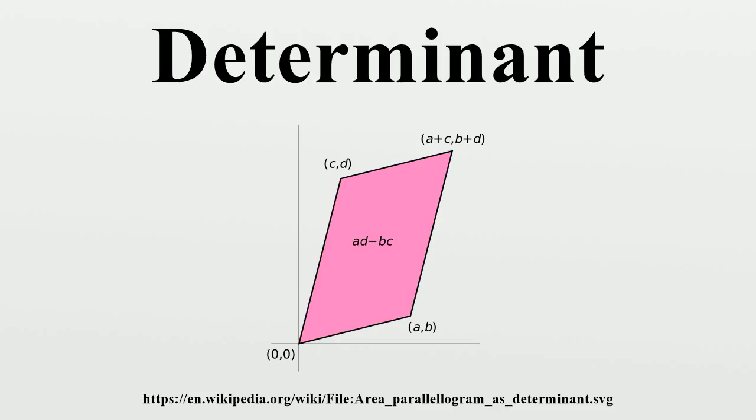Multiplicativity in matrix groups. The determinant of a matrix product of square matrices equals the product of their determinants. Thus, the determinant is a multiplicative map. This property is a consequence of the characterization given above of the determinant as the unique n-linear alternating function of the columns with value 1 on the identity matrix.